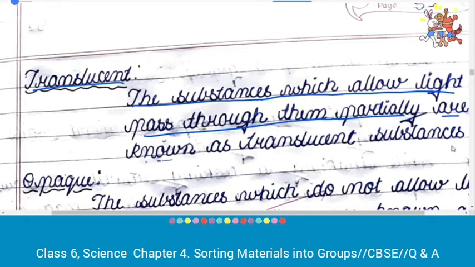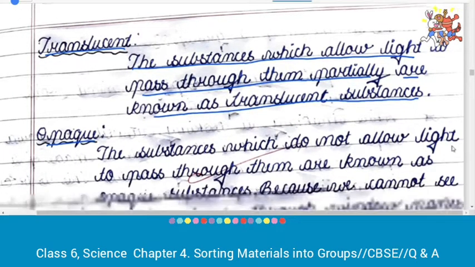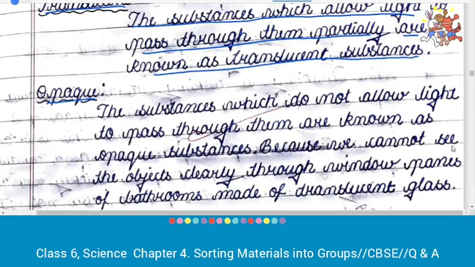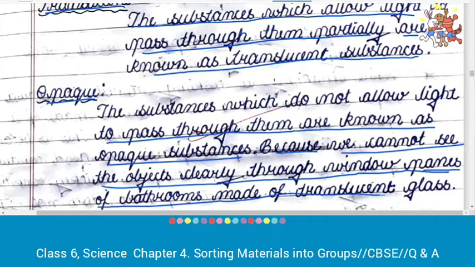Opaque substances do not allow light to pass through them. Because we cannot see the objects clearly through the window panes of bathrooms made up of translucent glass.